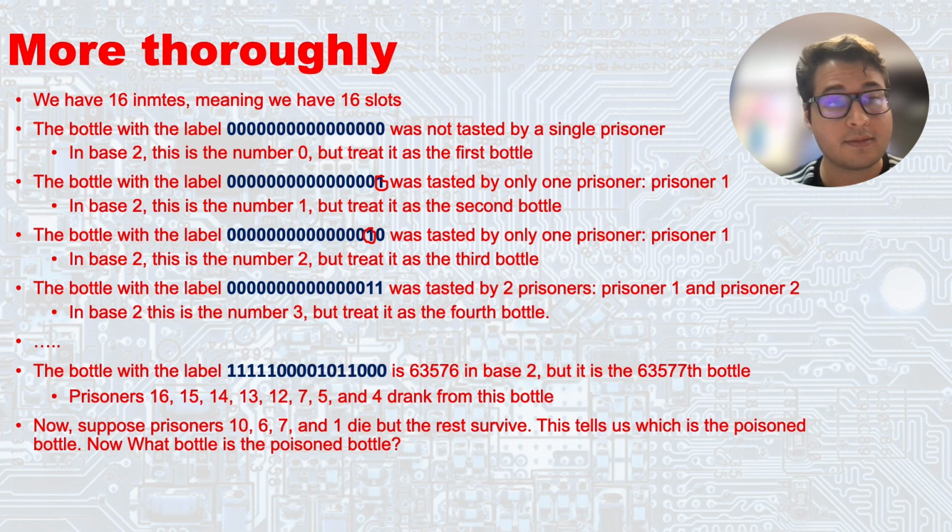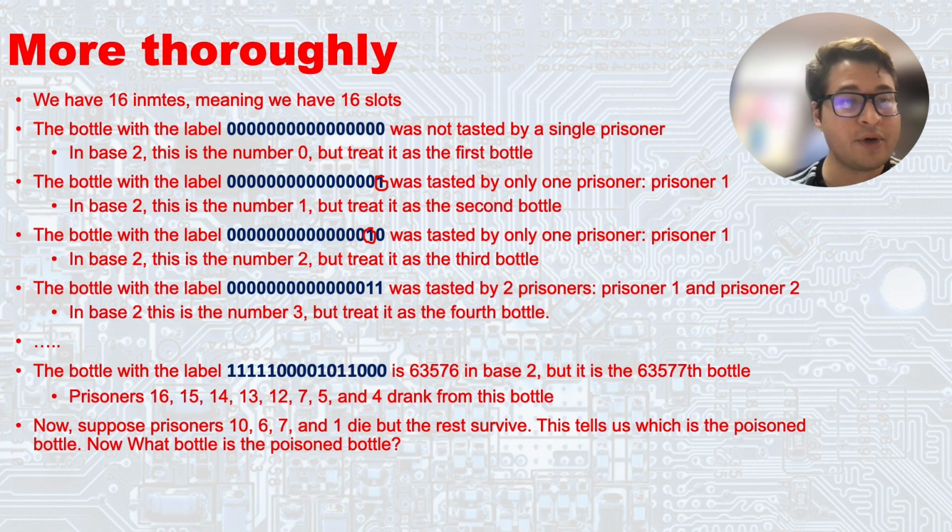Now, the bottle with the label 1, 1, and then 14 zeros to the left was tasted by 2 prisoners, prisoner 1 and 2. If these 2 prisoners die, it is the bottle that is number 3 in base 2, which is the 4th bottle, which is poisoned.